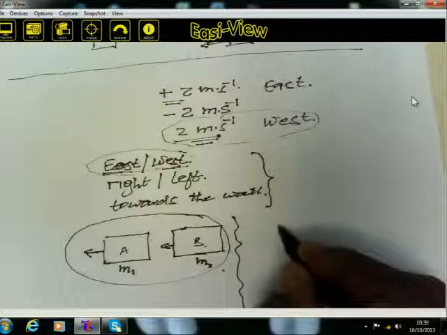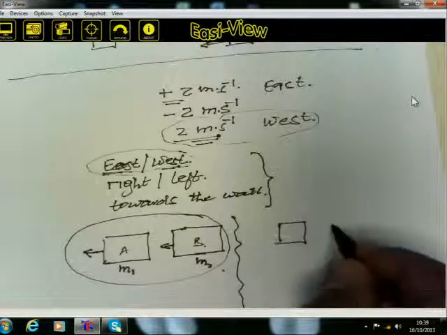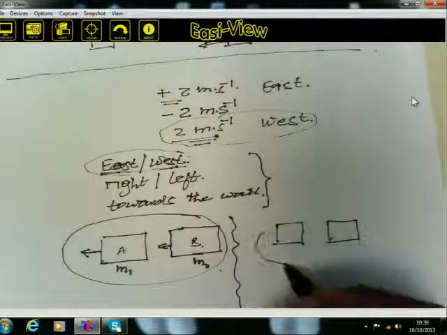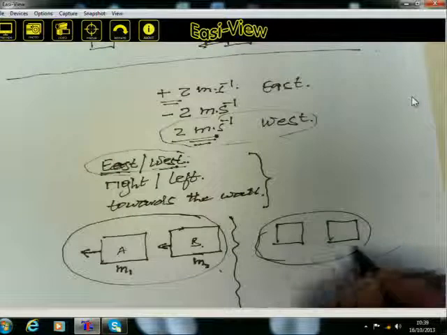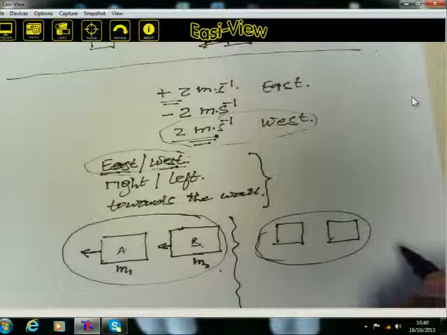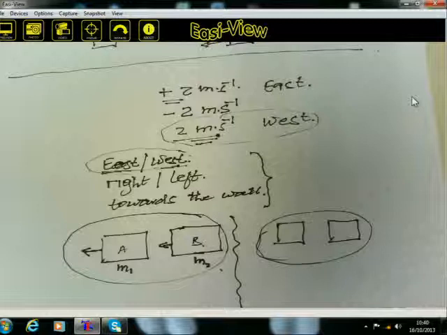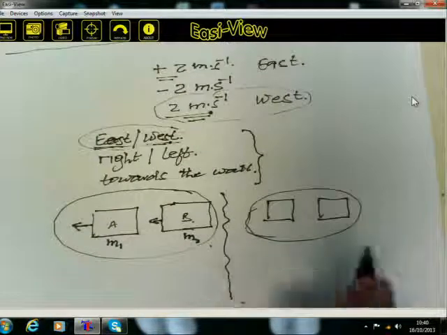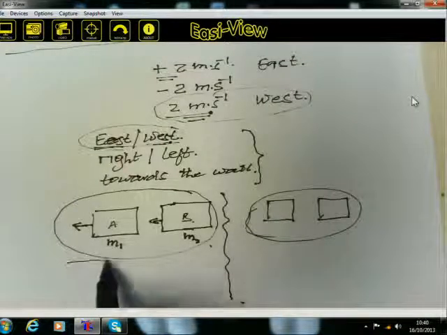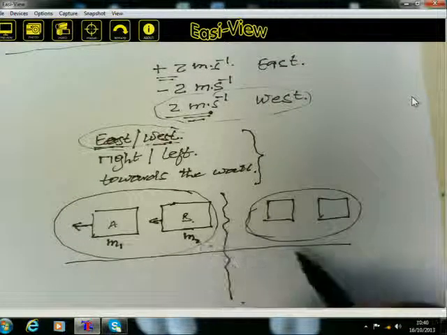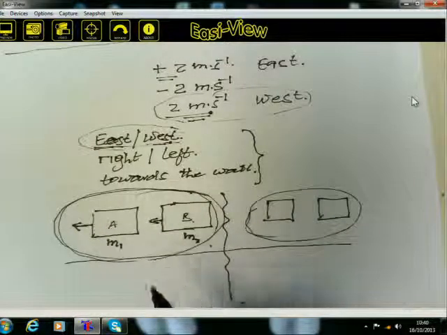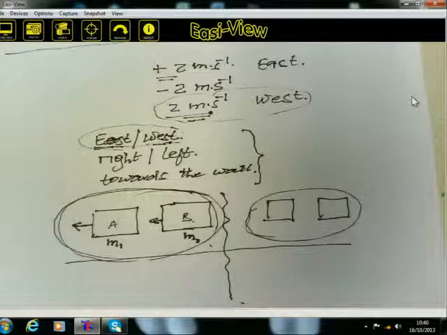And that total momentum before the collision takes place will be the same as the total momentum of these objects after the collision has taken place. The other key point that we should notice is that in order for that total momentum to be conserved, the system of objects that we are talking about should be free of external forces.